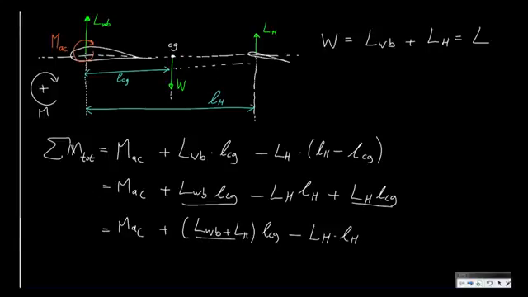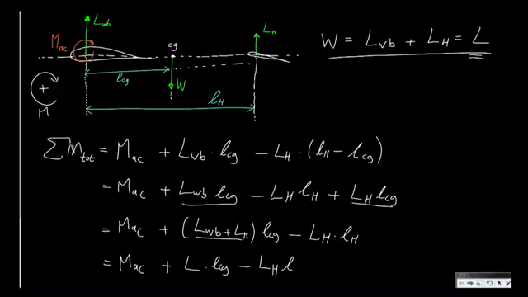We've seen from our equation here that this is the same as the total lift. So let's write this as the total lift, and then we get our moment equation plus the lift times LCG minus LH times LH, and this has to be 0 to avoid the aircraft rotating.